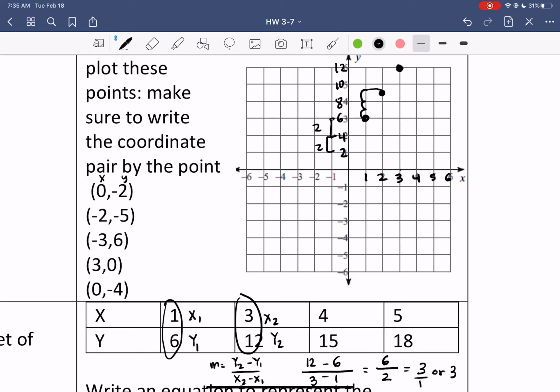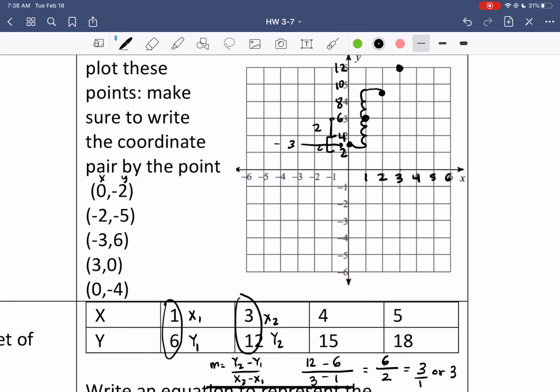If I were to go down 1, 2, 3, and then I have to go 1 this way to find my run, this is going to be 3. So that shows you my y-intercept right there.